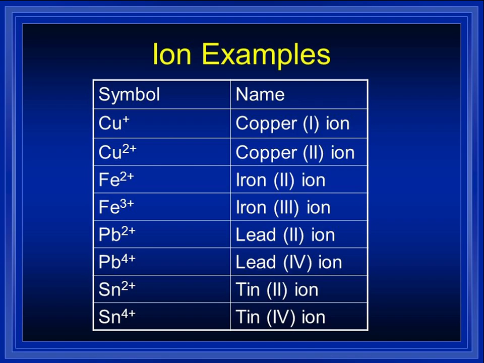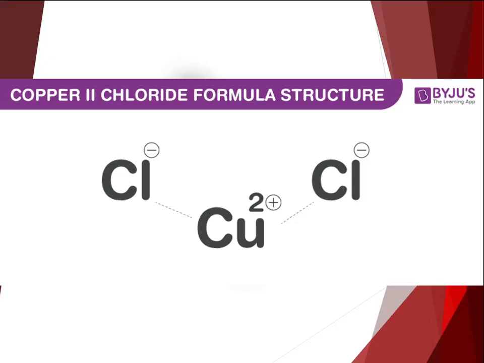To write a formula with a transition metal, the charge of the cation is needed. The name of the compound will contain a Roman numeral in parentheses to indicate the charge, immediately following the transition metal's name, as is shown on the screen here. Using the correct charge, the same steps are used to write the formula that will have a ratio of cations to anions that results in a neutral compound.